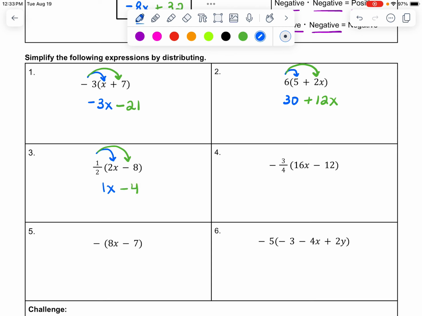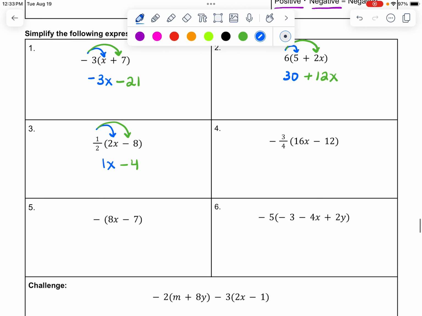Problem number 4, and again, you're using your calculator for a lot of these. -3/4 multiplied by 16, don't forget to use your calculator if you need to, is -12x. And -3/4 multiplied by -12 is positive 9.